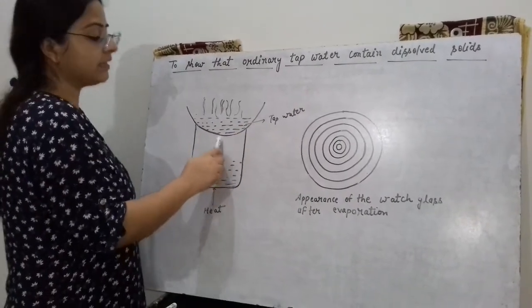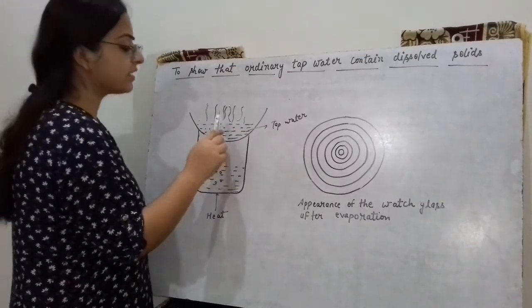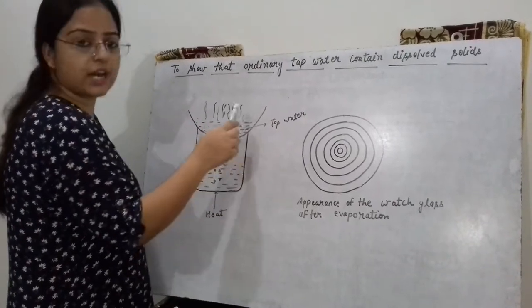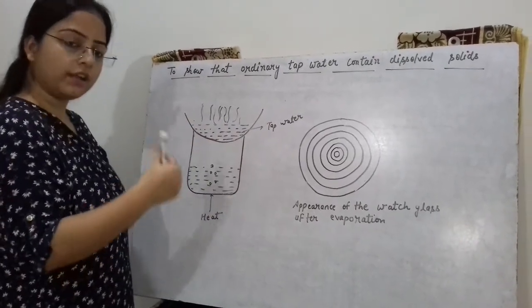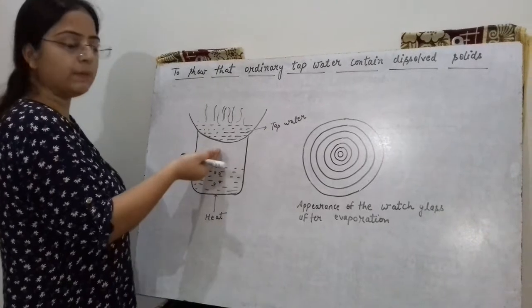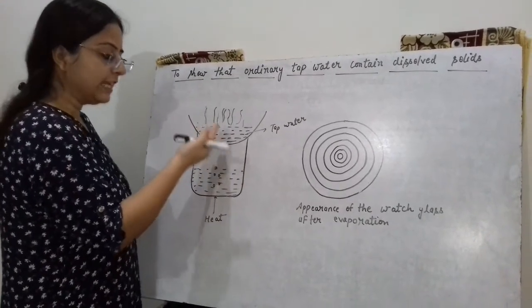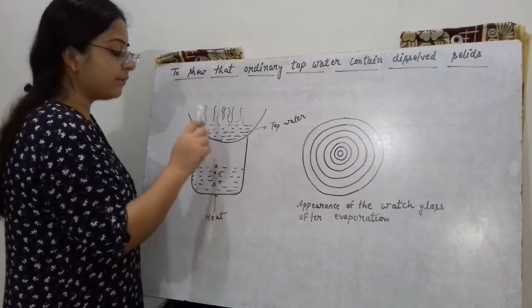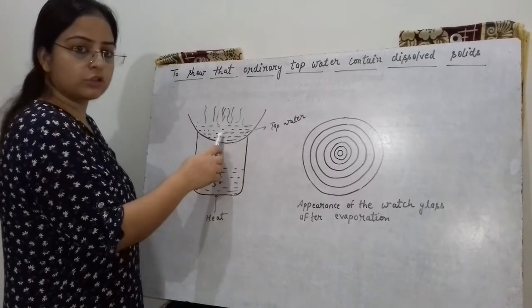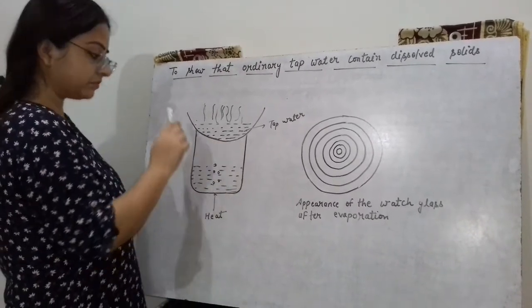As a result the tap water on this watch glass will also become hot, and when heat is provided continuously, slowly the boiling of tap water will also take place.